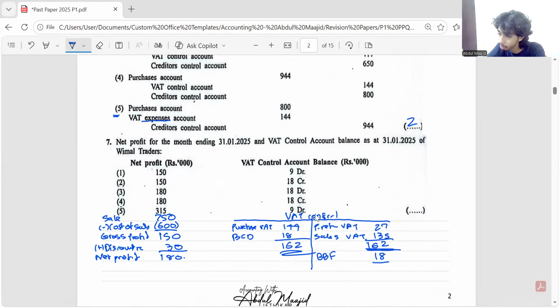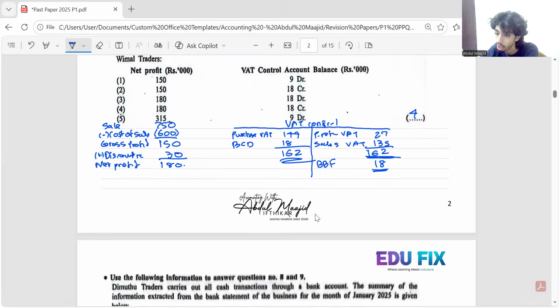Therefore, it is a credit balance. So net profit 180 and the VAT control account having a credit balance of 18. That is answer number 4. Then, the eighth one.